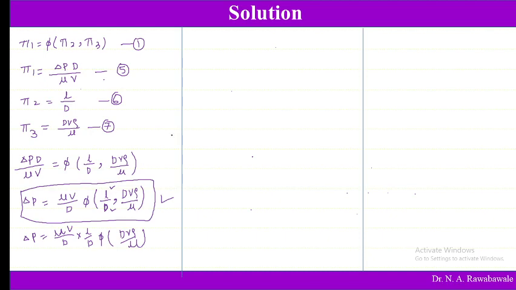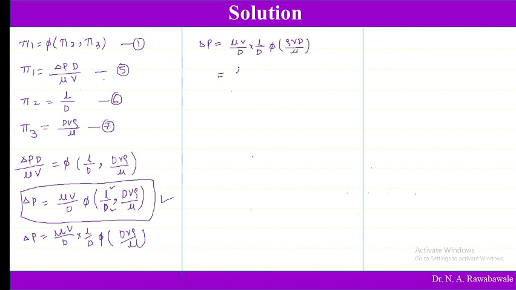So we can write this as delta p is equal to mu v divided by D into L divided by D, psi of rho v D divided by mu, or this rho v D divided by mu is the Reynolds number.